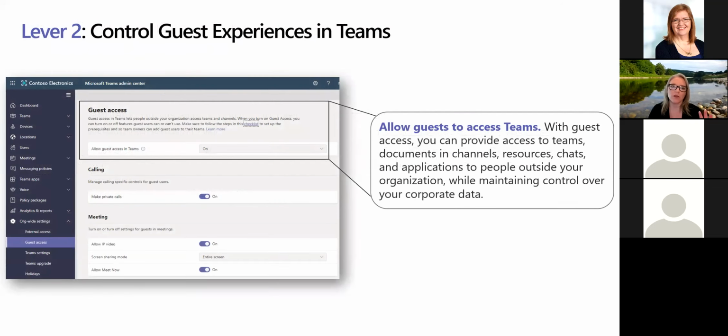This is where we're going to control guest experience in Teams. Earlier I mentioned it's a toggle switch. When you go ahead and turn it on, all these other pieces in the Teams Admin Center are enabled for you. And it's for you to review what you want the guest experience to be. So for instance, you might want to say, I don't want guests to make private calls, or you don't want guests to be able to meet now. So that's just one switch.